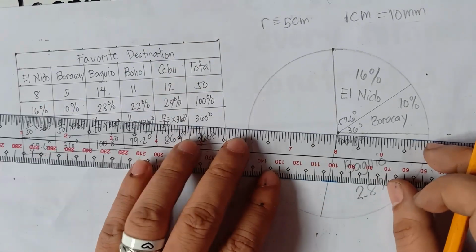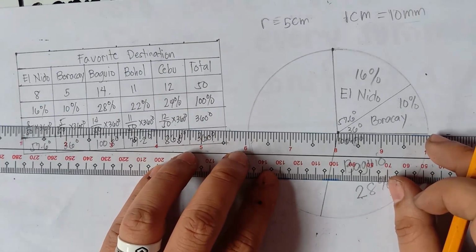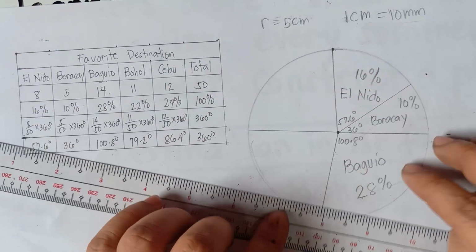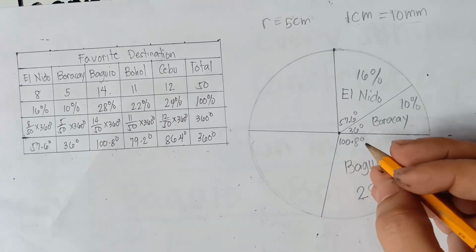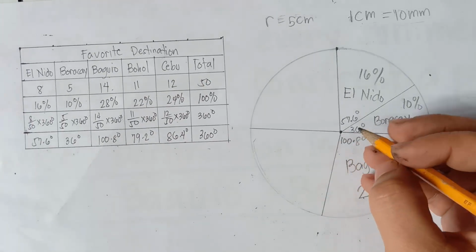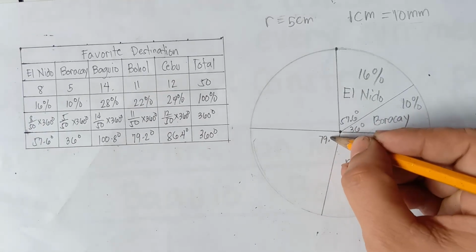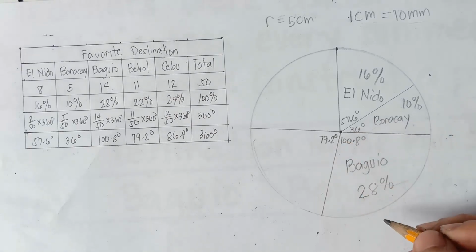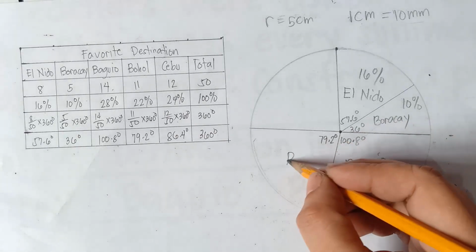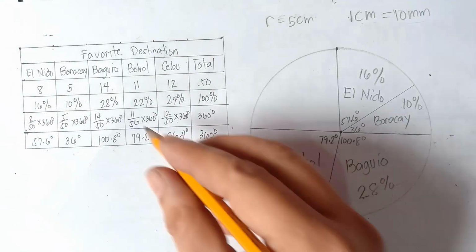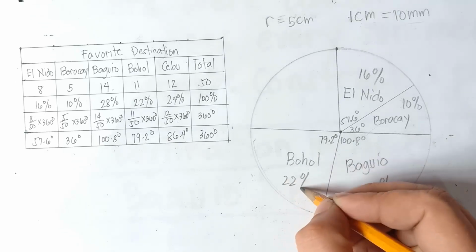So use your ruler. Alright, so this is 79.2 degrees, and this will be for Bohol. And the percentage, that would be 22%.